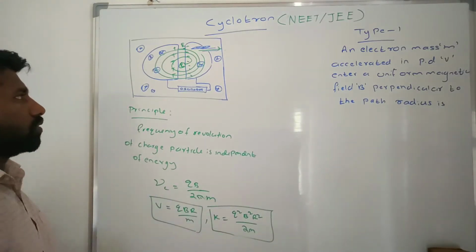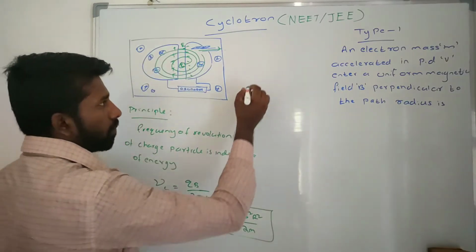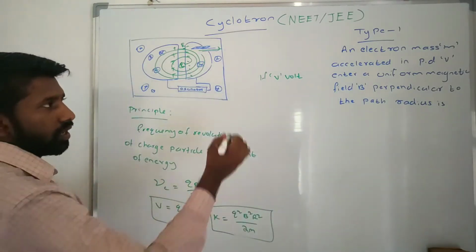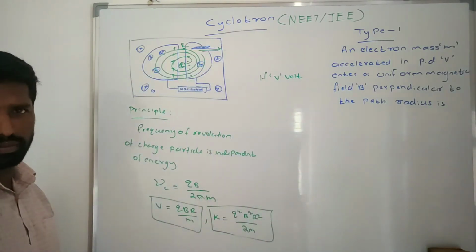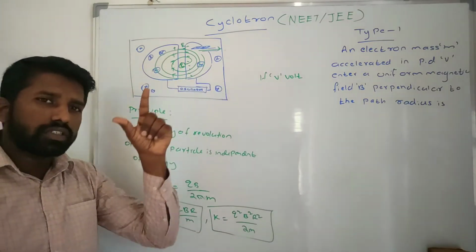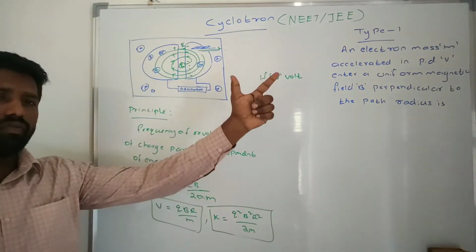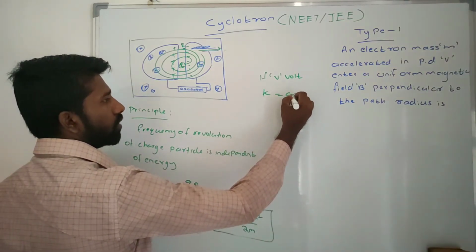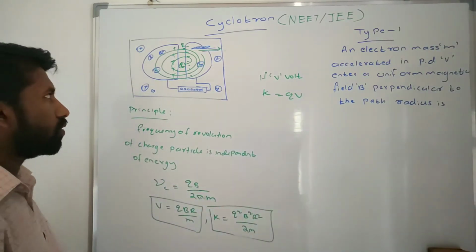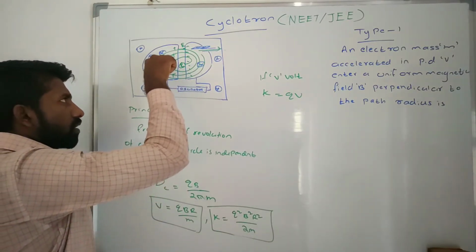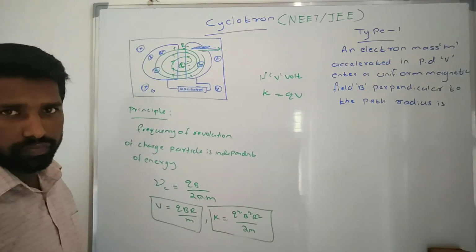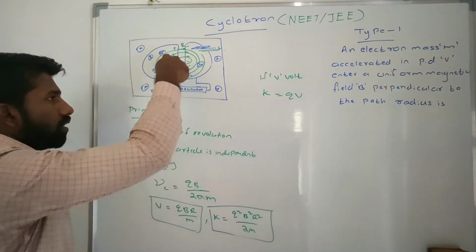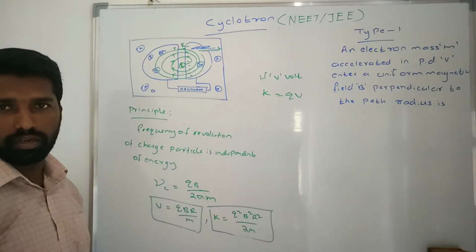Now if I apply V volt and a charged particle q is moving, if the charged particle is accelerated by V volt, it will get a kinetic energy equal to qV. Each time it crosses the electric field, it gets qV.